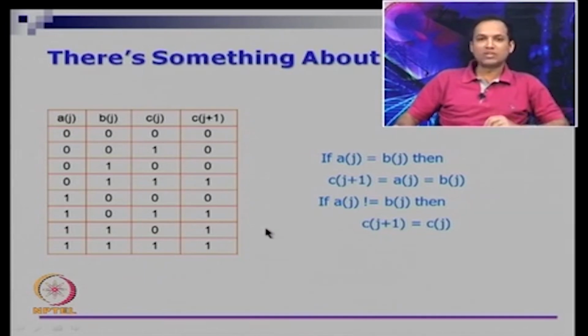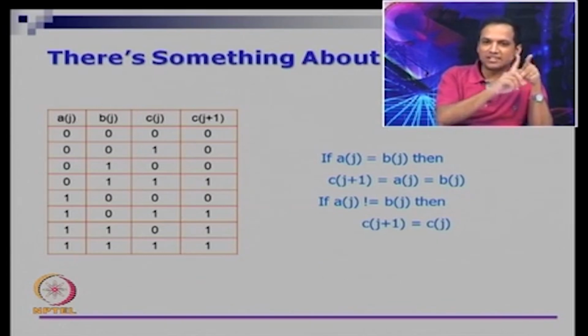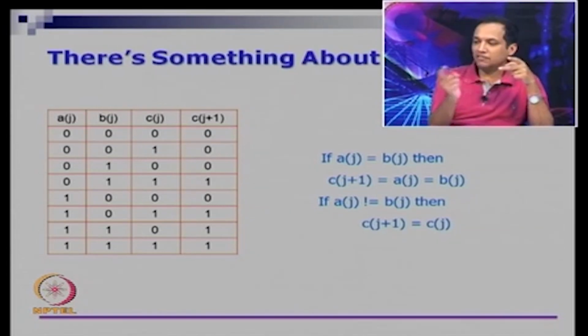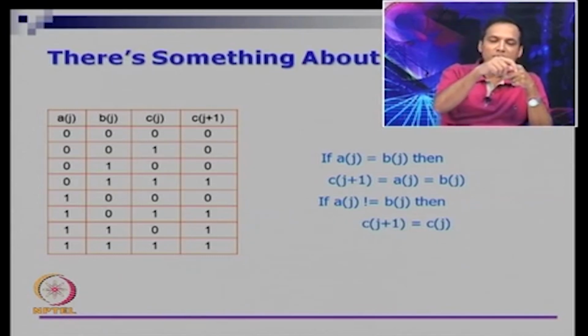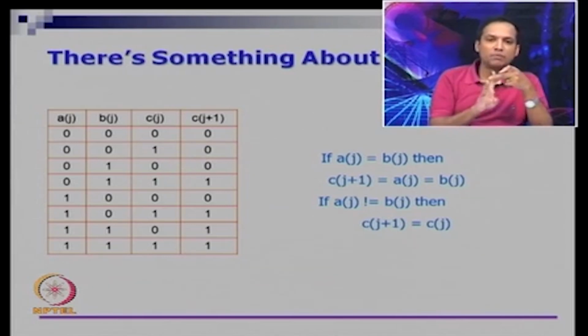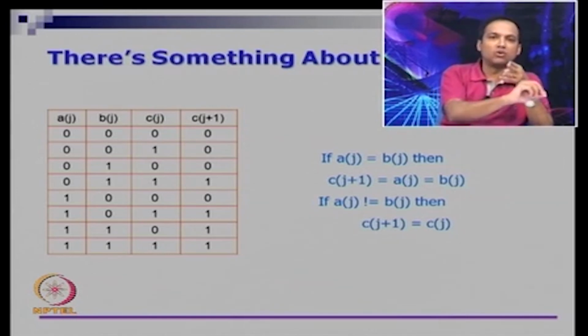So the way to think about that is, if I am going to add 0 and 0 in the current location, so in this case a of j is equal to b of j, then if a of j is 0 and b of j is 0, even if there is an incoming carry 1, it is not going to generate an outgoing carry. Similarly, if a of j is 1 and b of j is 1, if both of them are 1s, no matter what the incoming carry is, there will be an outgoing carry.